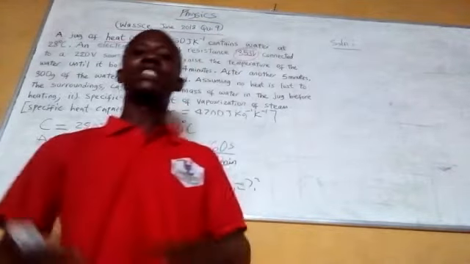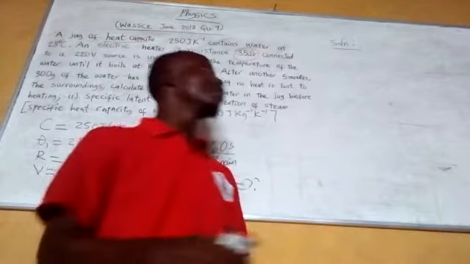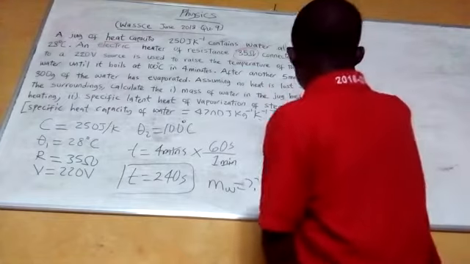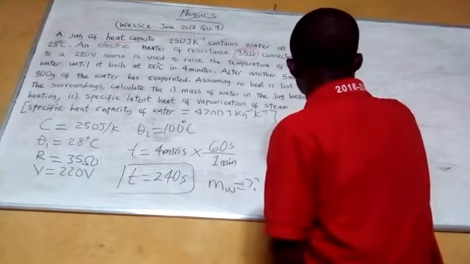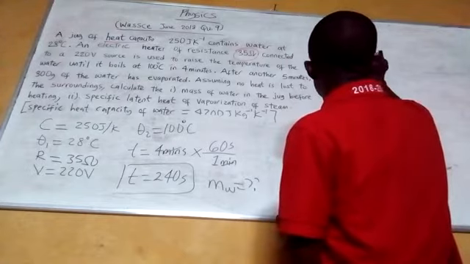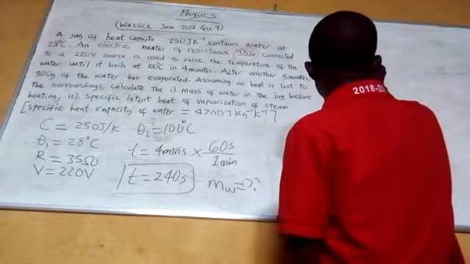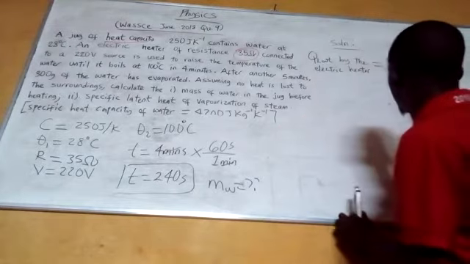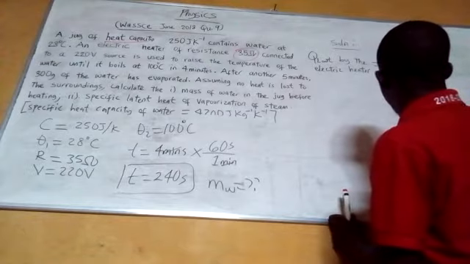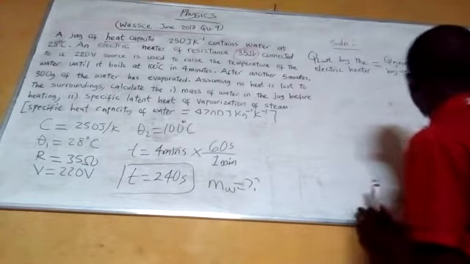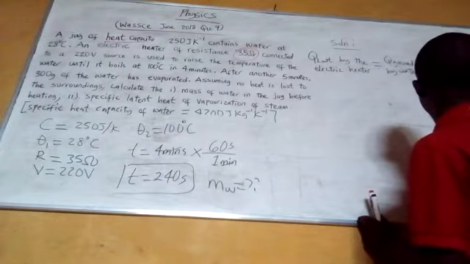So we can see that the quantity of heat lost is equal to the quantity of heat gained. Here we can say the heat lost by the electric heater equals the heat gained by water plus the heat gained by the jar.